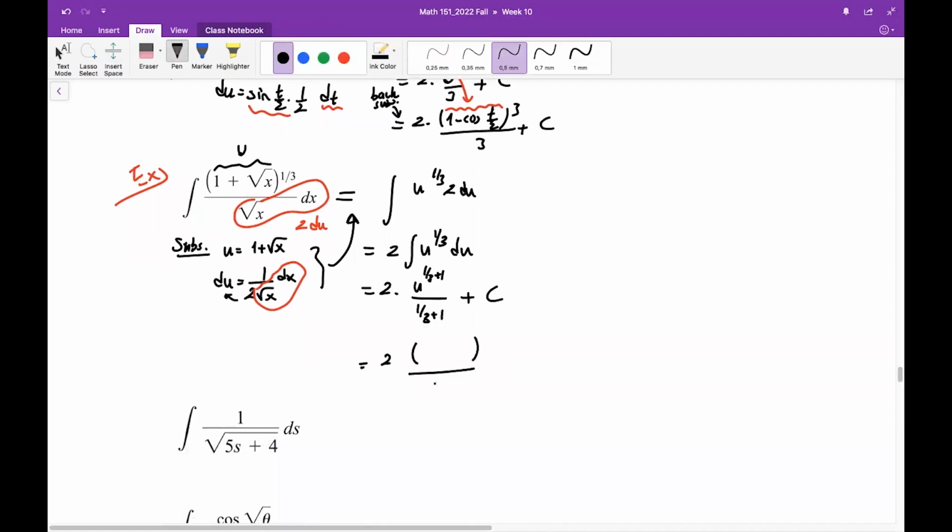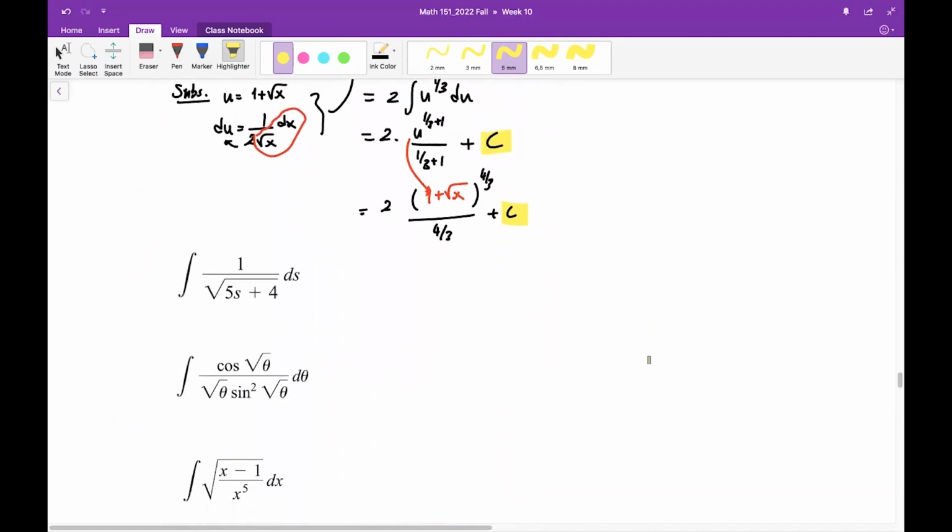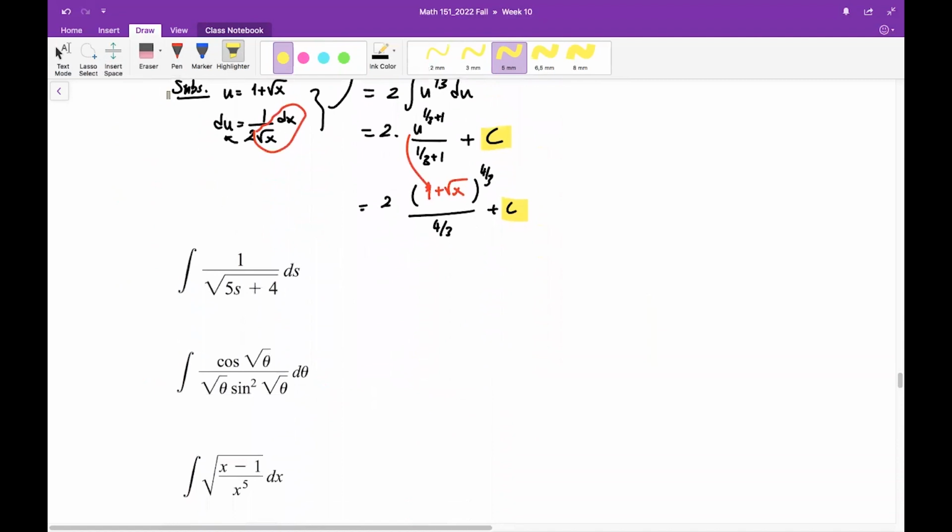So what we have here is 4 over 3 plus c, but now I am doing back substitution in terms of u. I am turning back the original variable x. Okay, this is the result. And everywhere don't forget to put this arbitrary constant c because you are taking indefinite integrals. Okay, let's move on with the next example.